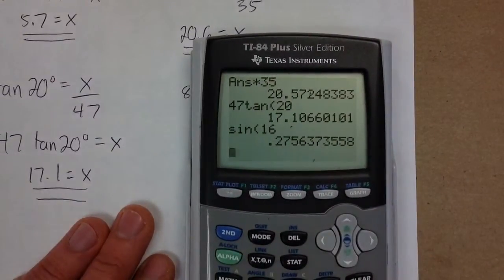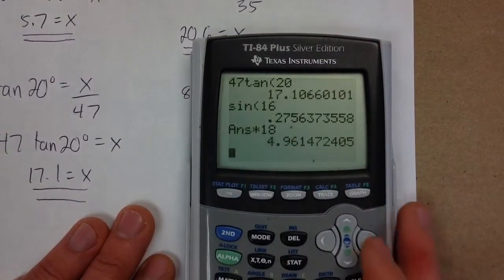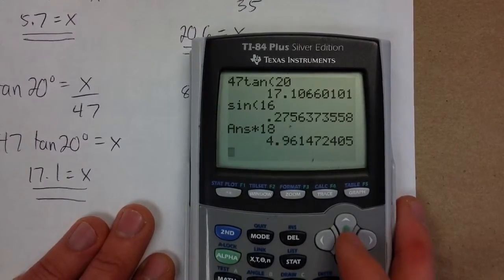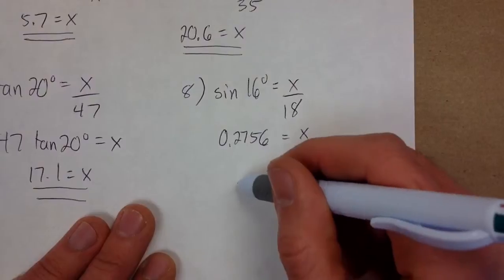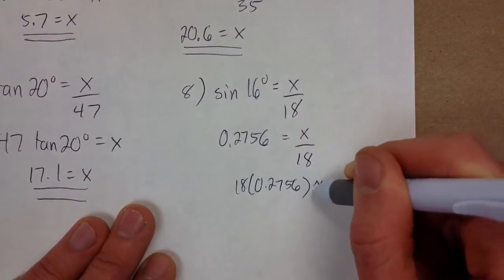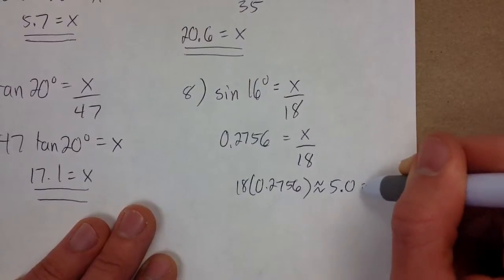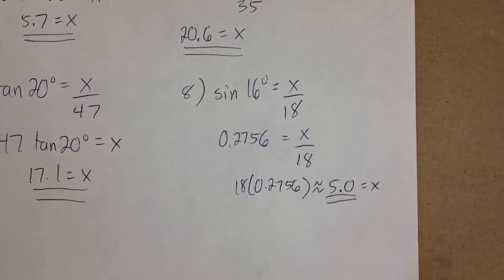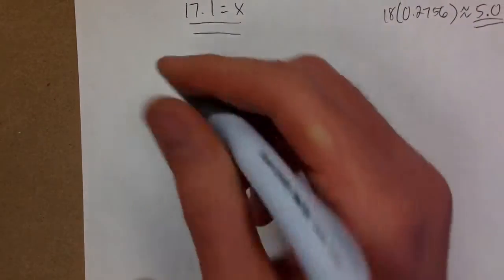Good. So 4.96. If we're rounding to 1 decimal place, it would be 5.0. Okay? Good. Nice job, everyone.